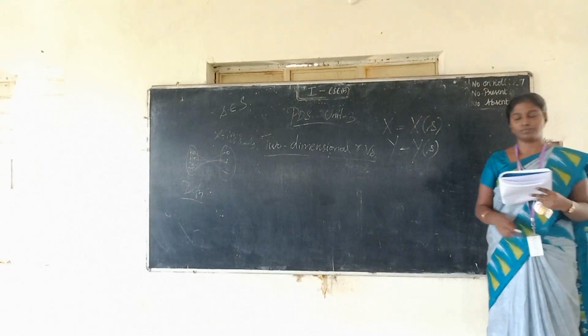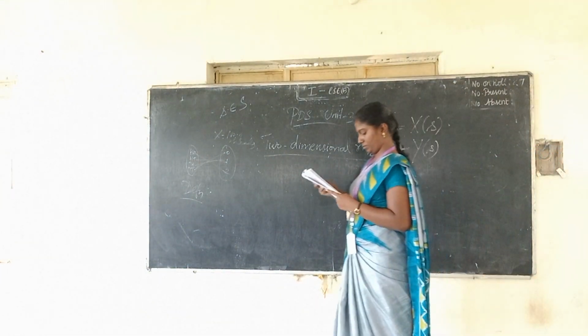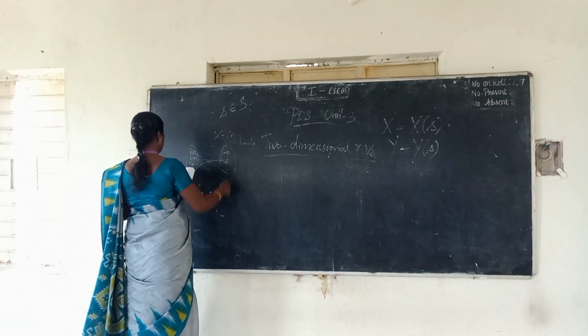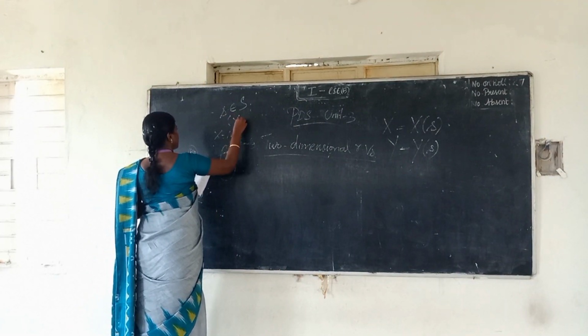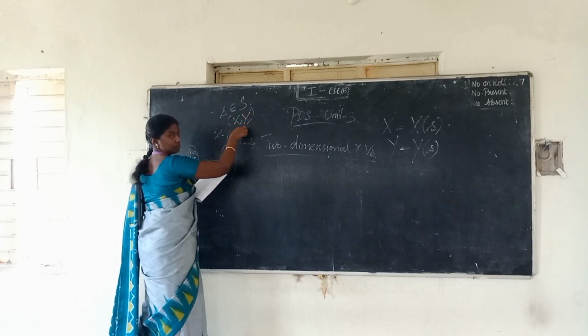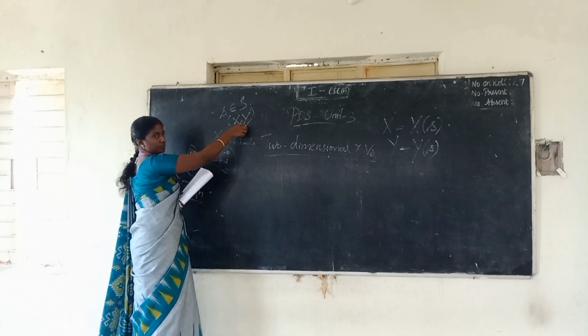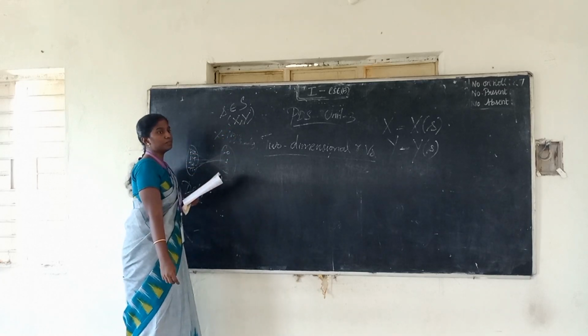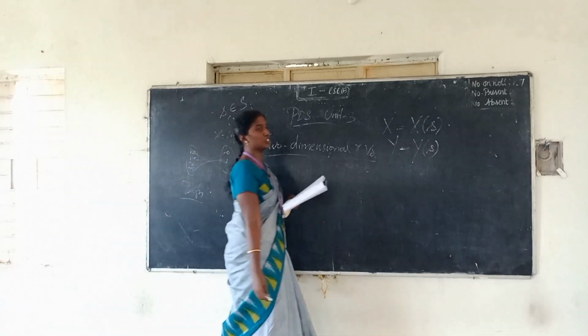Then (X, Y) within the bracket is a two-dimensional random variable.